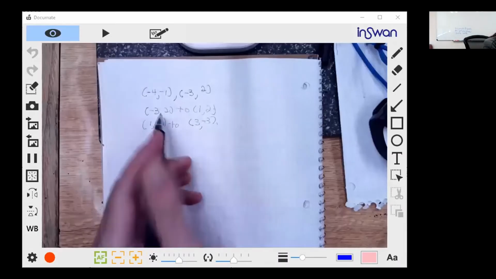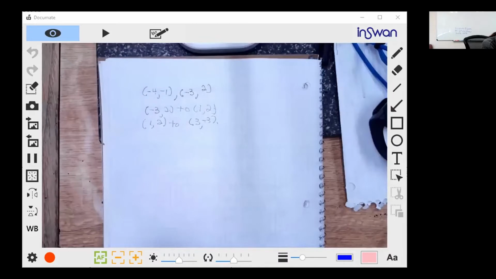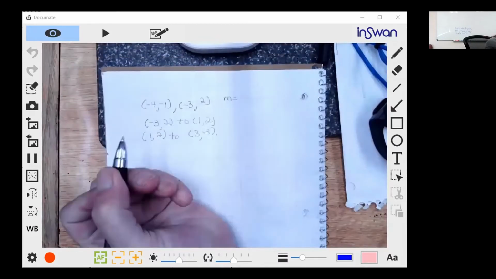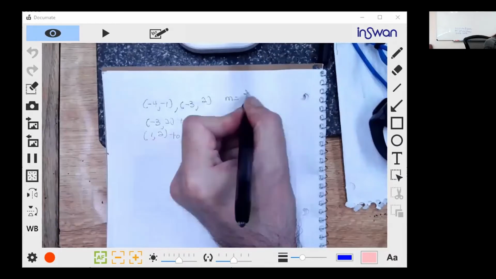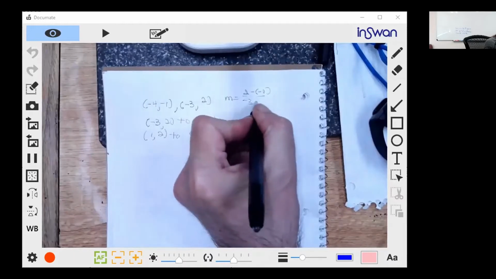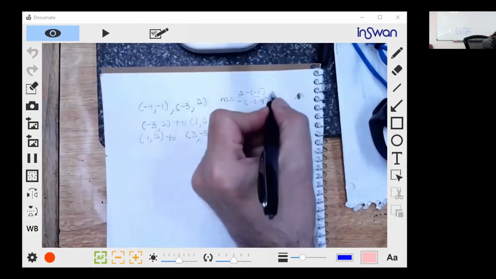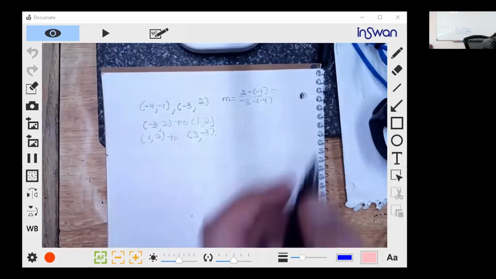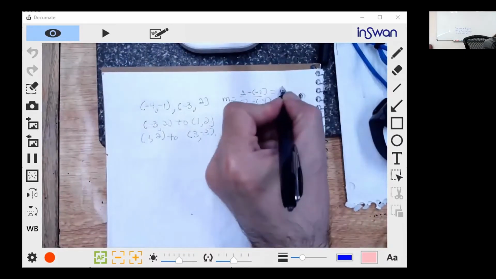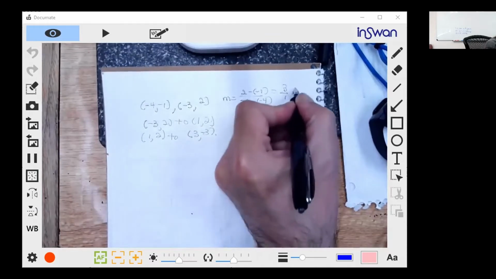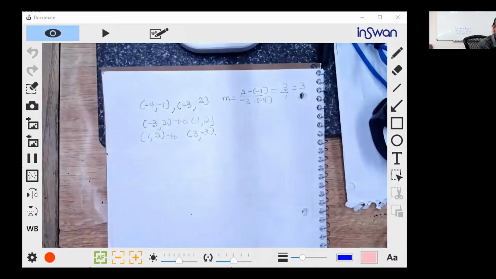Okay, so if we calculate the slope on the first interval, we've got 2 minus -1 over -3 minus -4. Subtracting a negative is the same as adding the opposite sign, so that's 2 plus 1, or 3, over -3 plus 4, that's 1. So we just have a slope of 3 for the first interval.